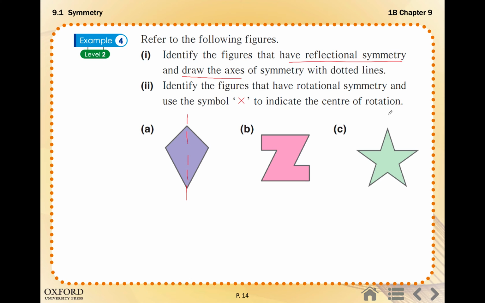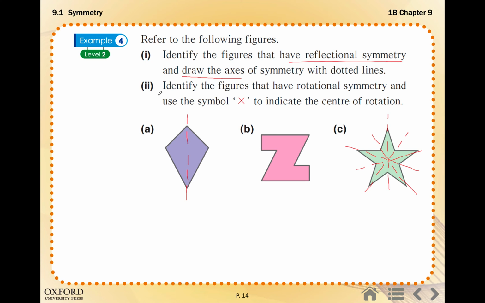And there are 5: 1, and then 2, 3, 4, and lastly 5 here. Then you can draw the axis of symmetry, and then you can finish part A, part 1.